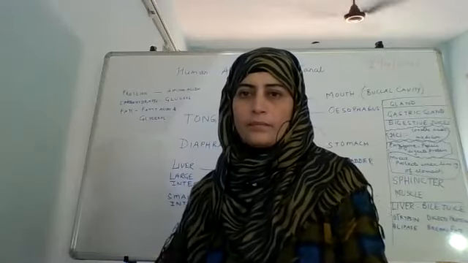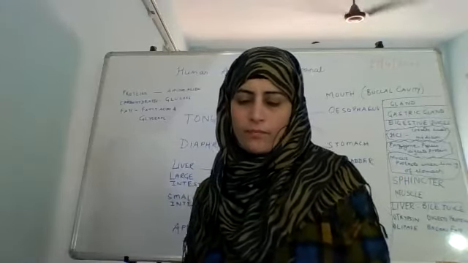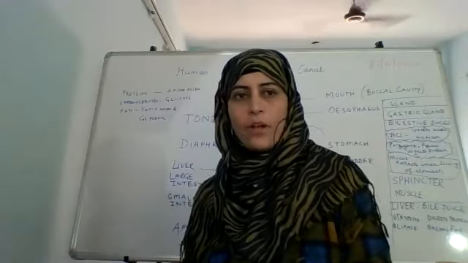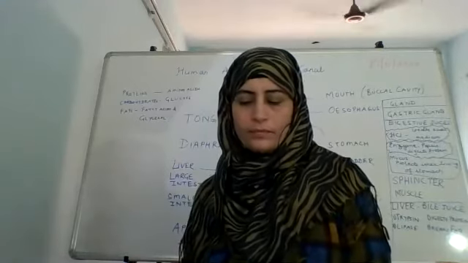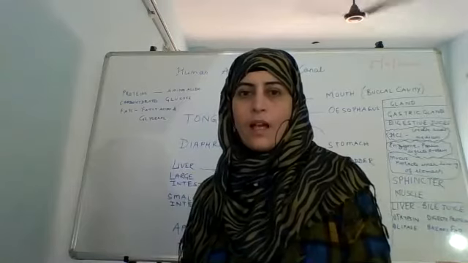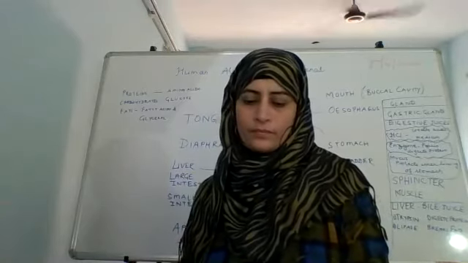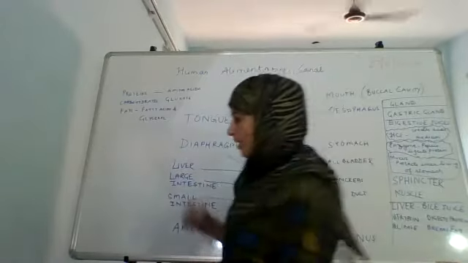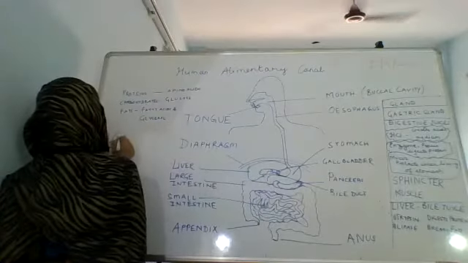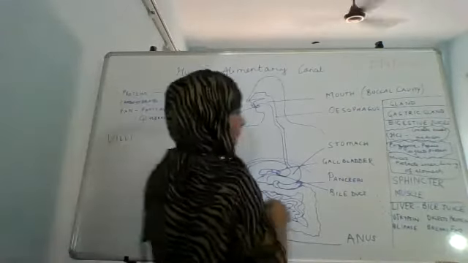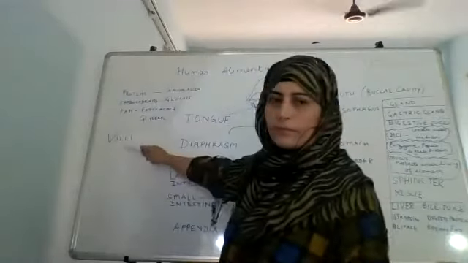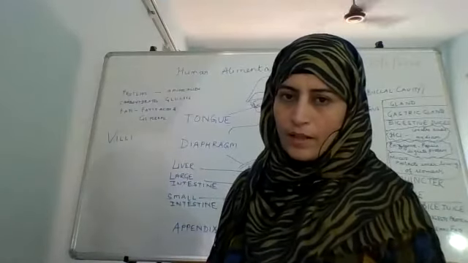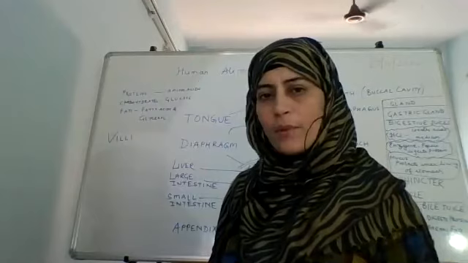The inner lining of the small intestine has numerous finger-like projections called villi. What are the projections called? They are called as villi.